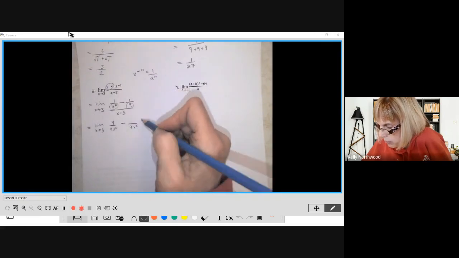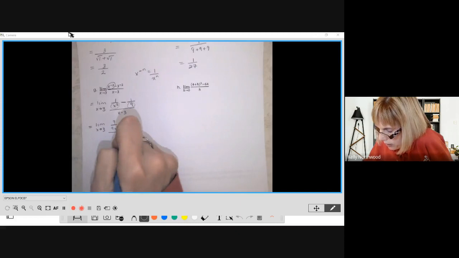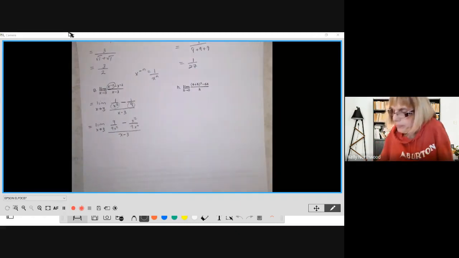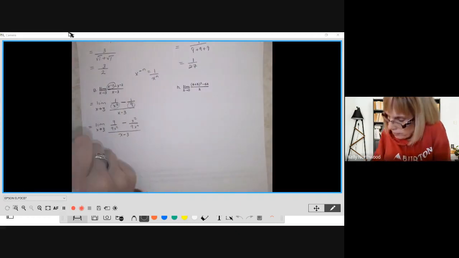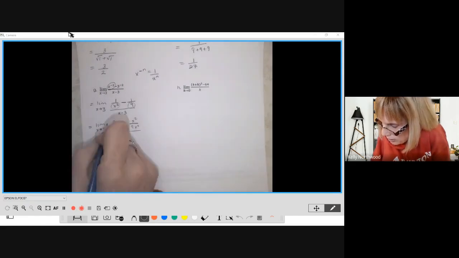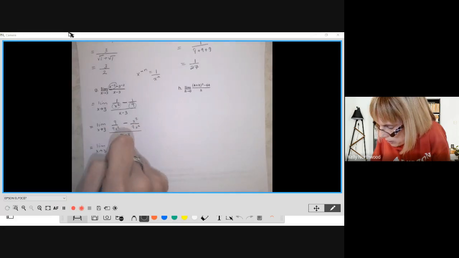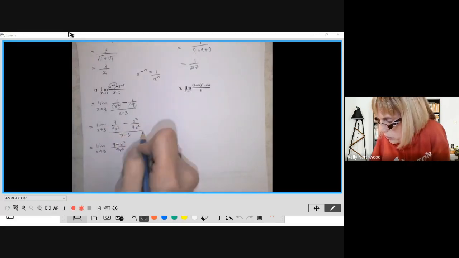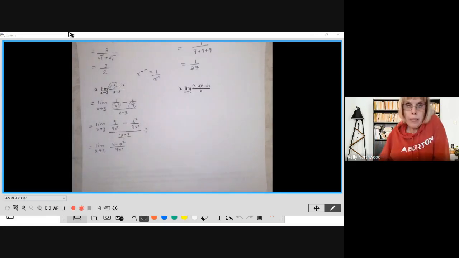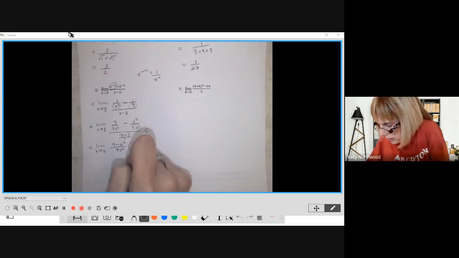Here I had to multiply the bottom by x squared, so I have to multiply the top by x squared, but it's still over x minus 3. Now I can subtract the numerators over the common denominator. And then I'm also going to divide by x minus 3, which is the same as multiplying by 1 over x minus 3.